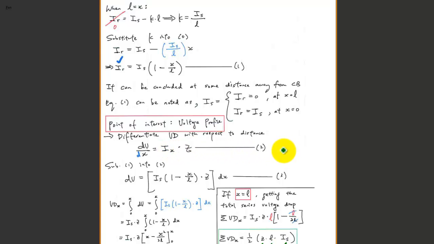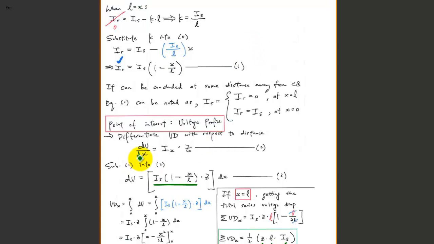So we have the second equation. We substitute the first equation into the second. Why? Because we have the I information, right? So if you substitute this into the X, then the entire equation will become Is times 1 minus X over L times the Z. So this part is actually coming from this first equation.